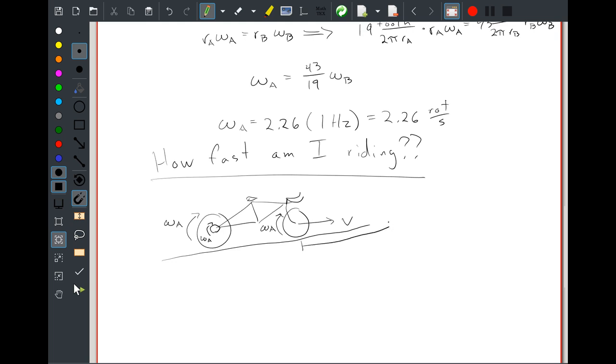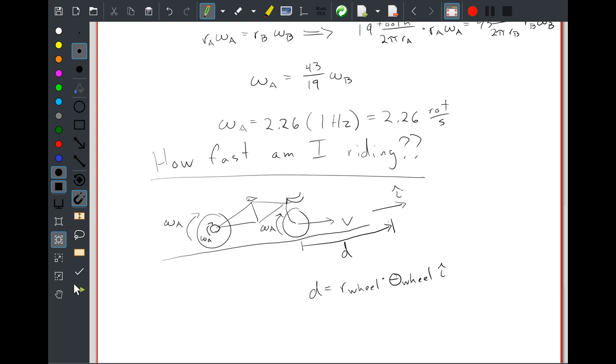And the distance that my bike is going to move is equal to the radius of the wheel times the angle of the wheel, so the change in the angle of the wheel.